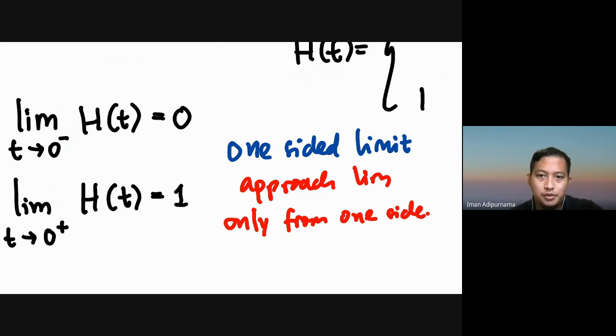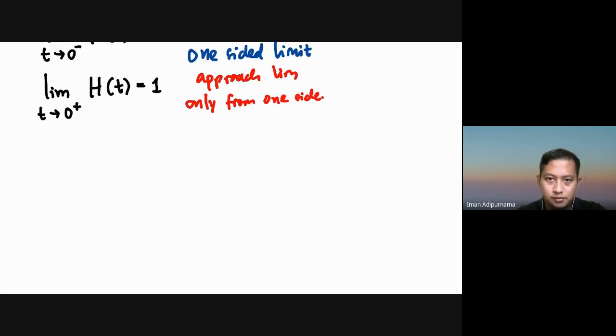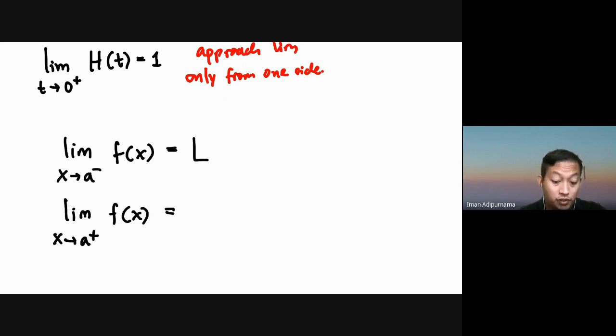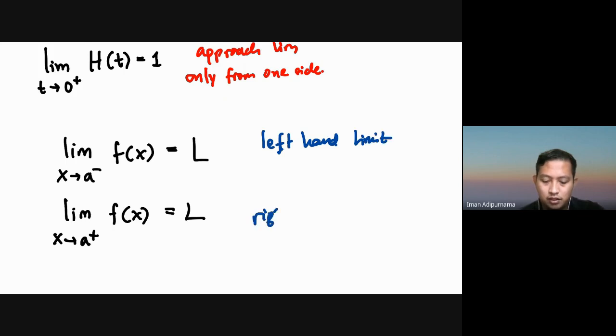Okay, let me write the definition for you. So the limit as x approaches some number a from the left, let me write just L, and then the limit as x approaches a from the right, let me write the same L. So we call this the left hand limit and the right hand limit.